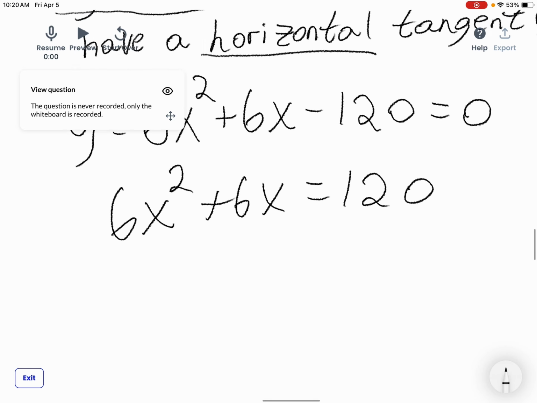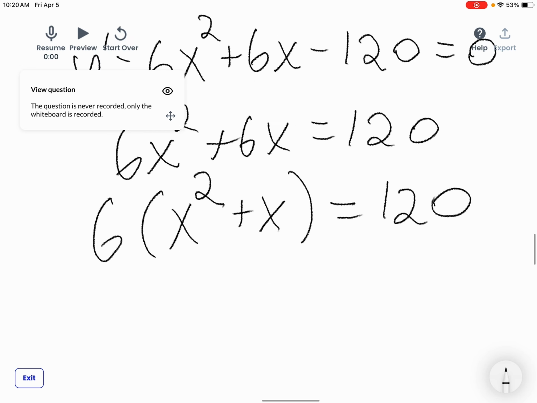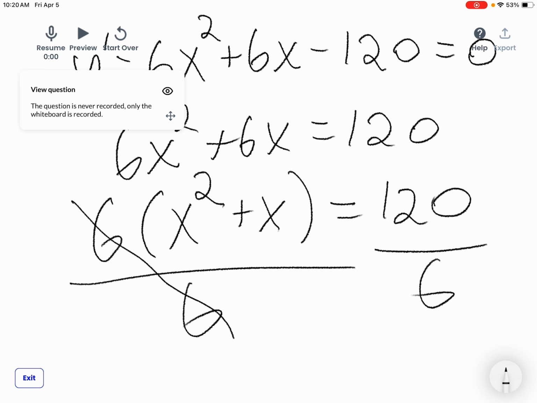We could factor a 6 from the left and get 6 times, well, 6 times x squared is 6x squared, and 6 times x, so plus x, gives us 6x, is equal to 120. If we divide through by 6, 6 over 6 cancels and becomes 1, and 6 goes into 120 20 times.